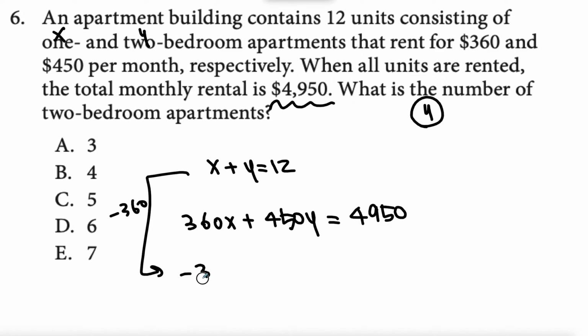The first one is negative 360x, the second one is negative 360y. Now, what do we get when we multiply 360 times 12?